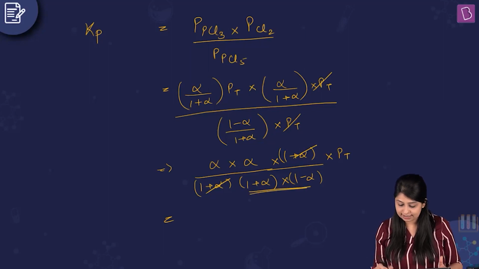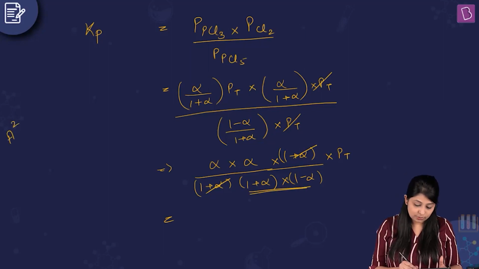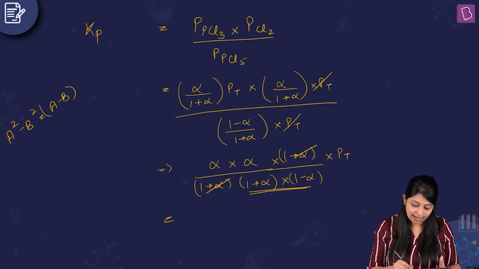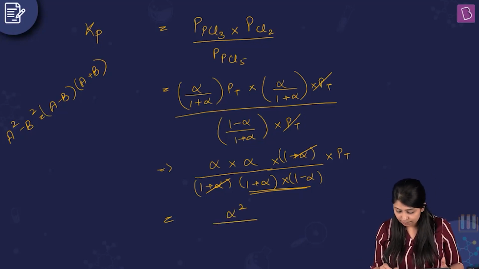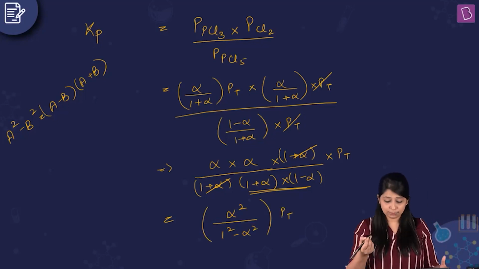We know that a square minus b square is equal to a minus b into a plus b, so we substitute this formula here. We get alpha square upon 1 square minus alpha square into Pt, where Pt is the total pressure.